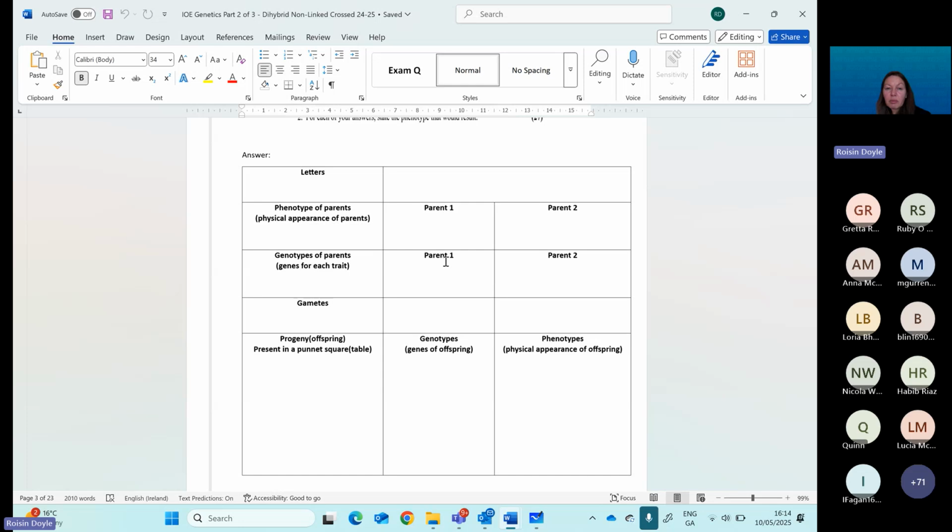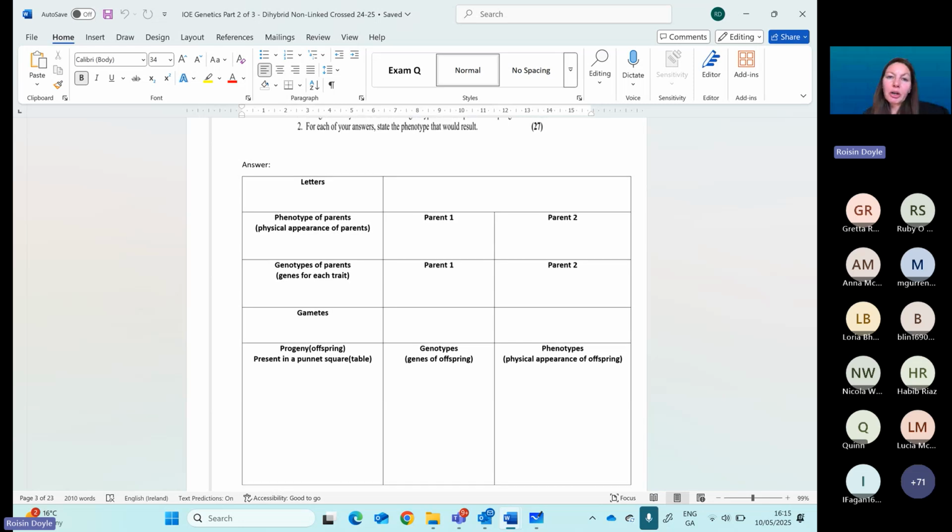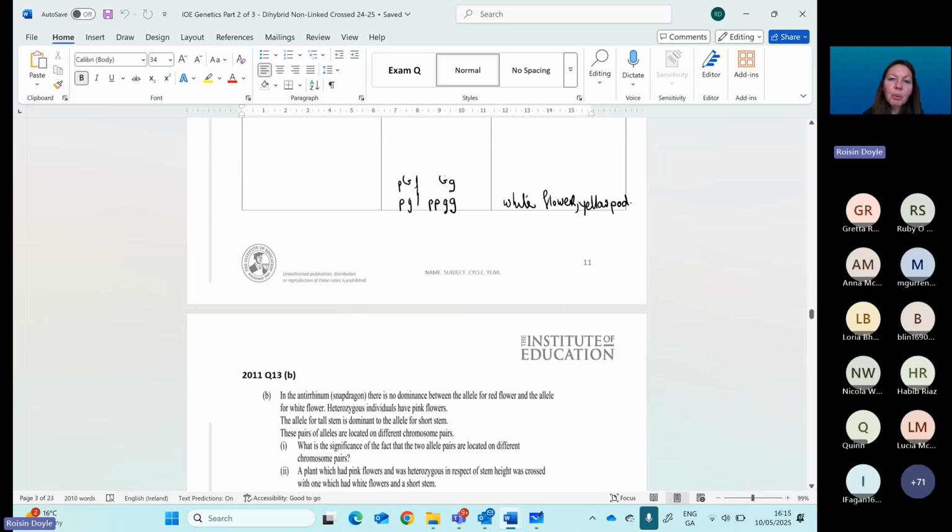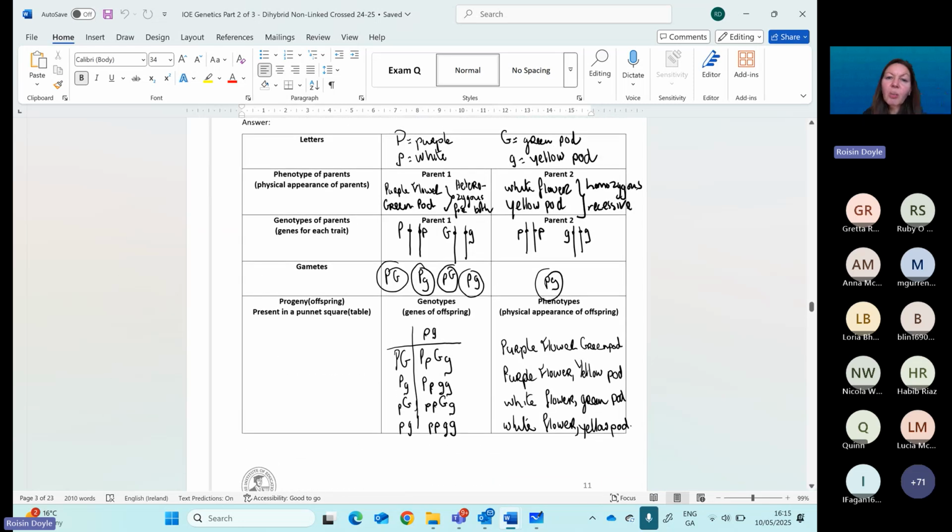So you write down the letters, you write down what the question tells you about the parents, you write down the genotypes of the parents, you write down the gametes, and then you do your progeny or your offspring. Again, within these notes, they've got worked examples.